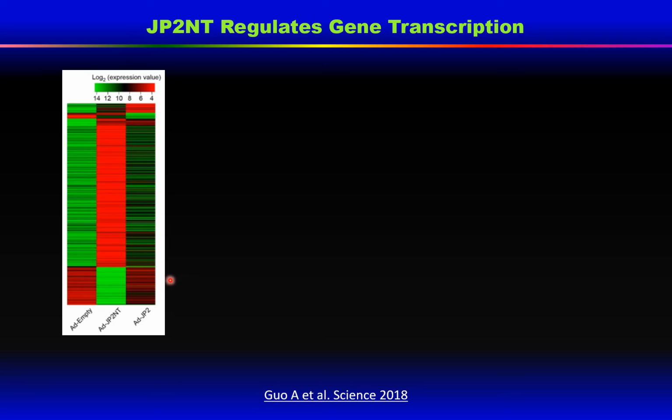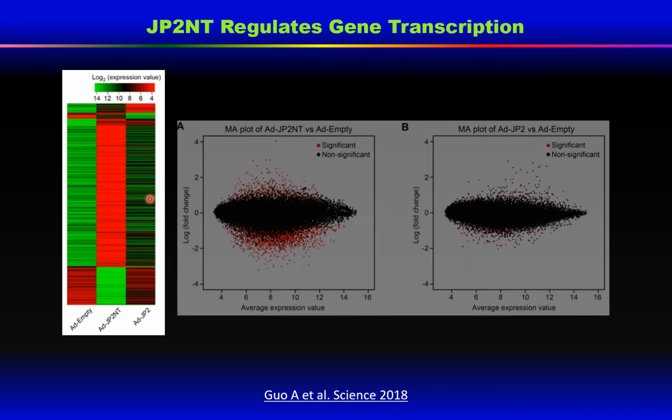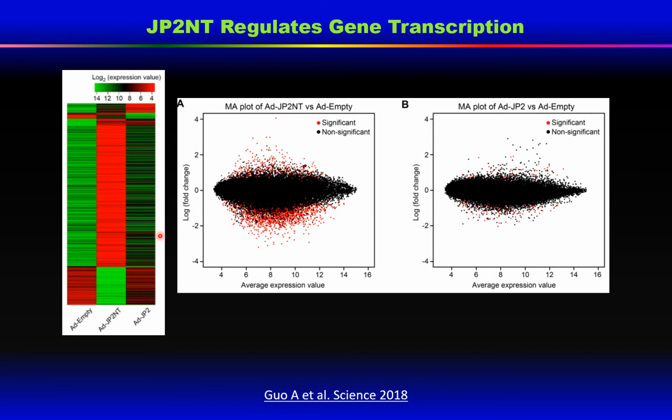In contrast, the full-length JP2 has minimal impact on gene expression. The right panels are volcano plots of microarray data. The red dots are significantly altered genes, so you can see that JP2NT, but not the full-length JP2, has a big impact on gene transcription.